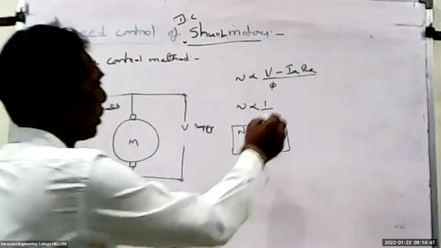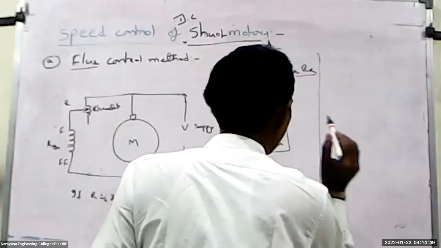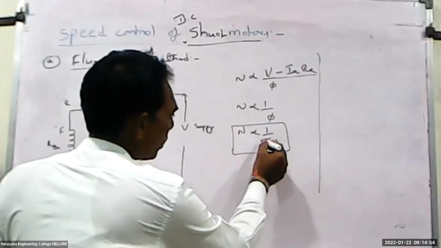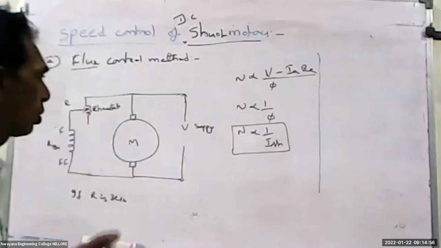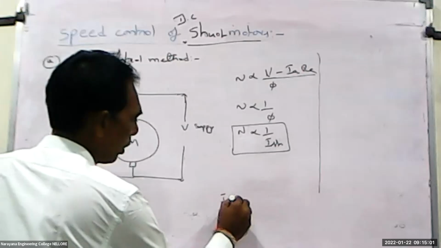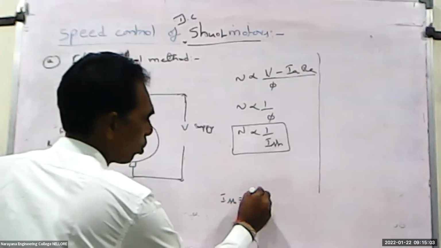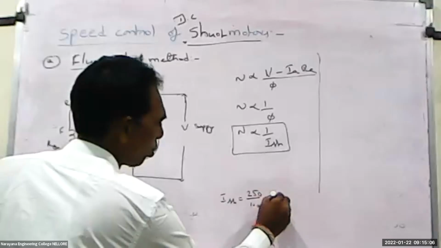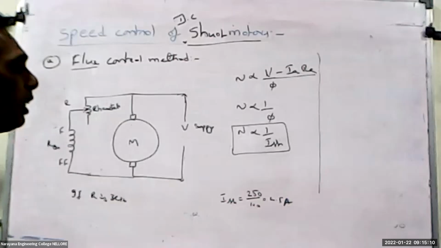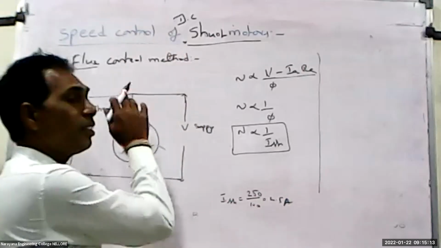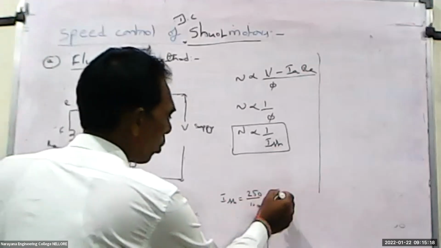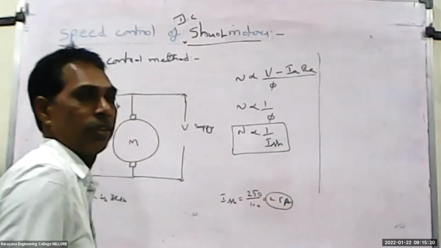And one more thing: suppose you consider this I_SH is a low value, because we know from the previous problems that I_SH is equal to 250 by 100, that is 2.5 amperes like that. If you are connecting a rheostat in series with the field winding, the current passing through the field winding decreases.